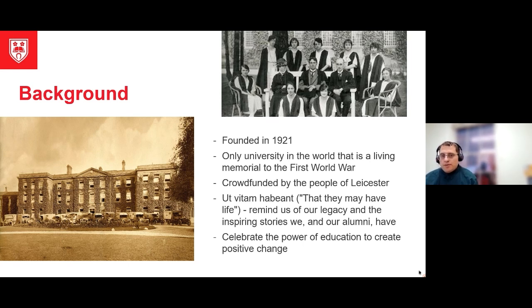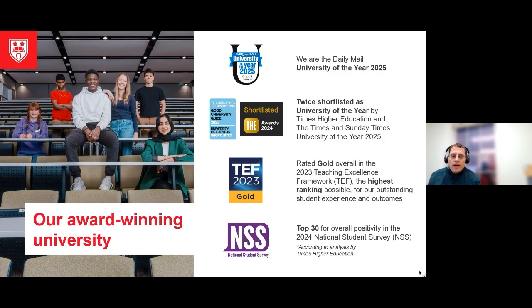So today we pursue excellence in knowledge and learning to transform our community, our world, and beyond. And this has also been recognized in several awards and nominations that the university has received this year as well as in previous years. We have an ongoing history of awards, and this year we have won University of the Year 2025 and been shortlisted for others.